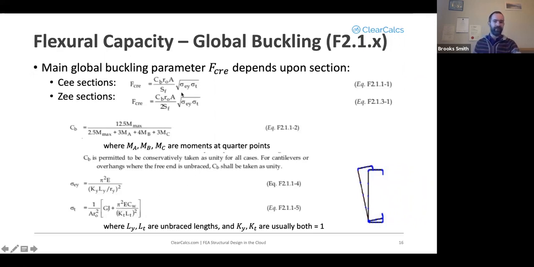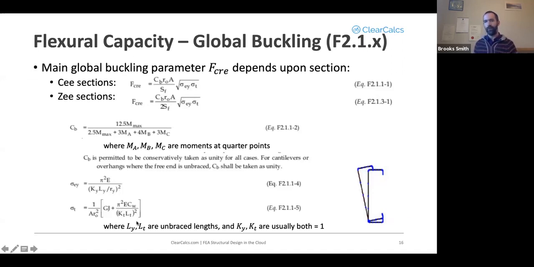So those sigma values then are the buckling stresses in lateral buckling, that's sigma EY, and in torsional buckling, that's sigma T. These equations you may recognize as looking sort of like an Euler buckling equation, but considering the radius of gyration. Ly and Lt in the sigma T equation are your unbraced lengths, and Ky and Kt usually are going to be equal to 1.